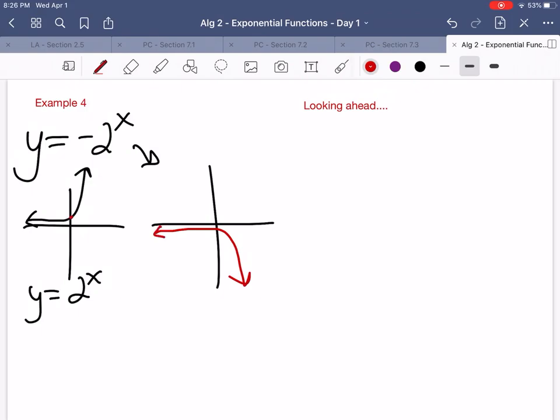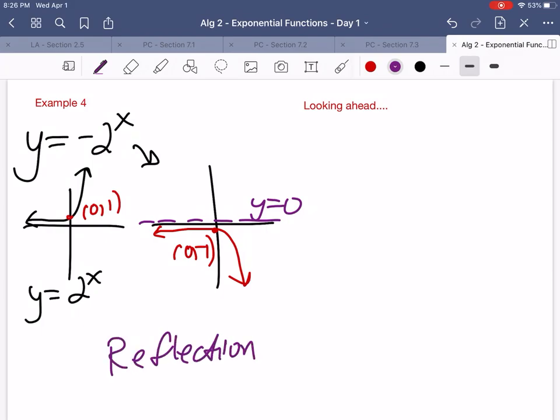Remember this spot used to be at 0, 1. Well, now that's going to be right there, at 0, -1. This did not affect our asymptote. We basically flipped over the asymptote, so our asymptote is still y equals 0, but that was a reflection over the x-axis.